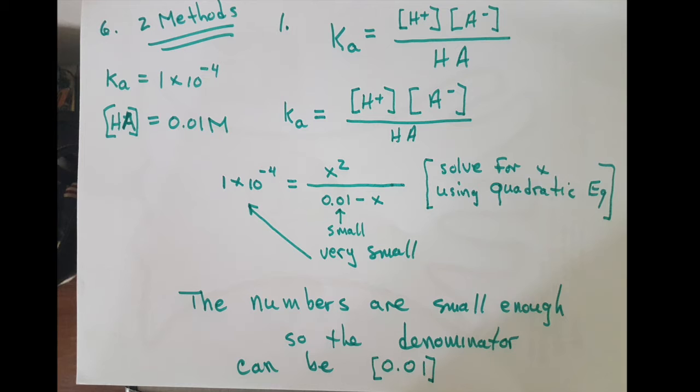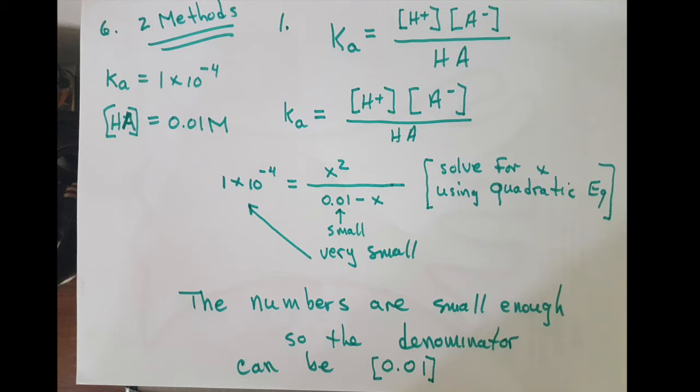So I plug in. I say the Ka is 1 times 10 to the negative 4, and the acid concentration is 0.01 minus X. In other words, it's going to be minus the X, minus the H ion concentration. In other words, some of that acid concentration will dissociate.